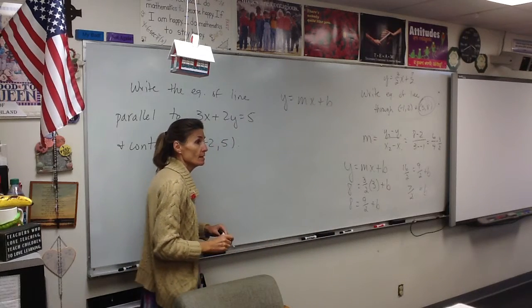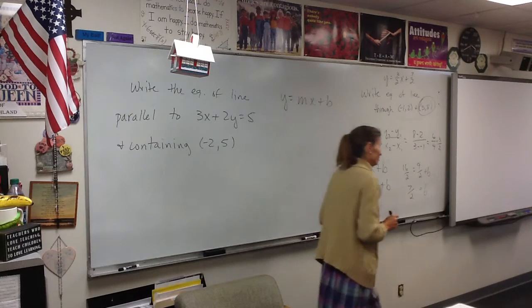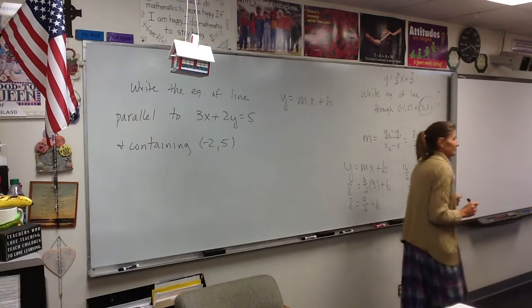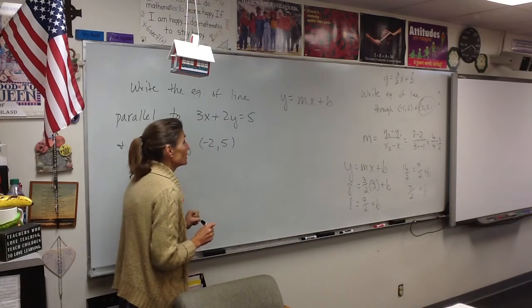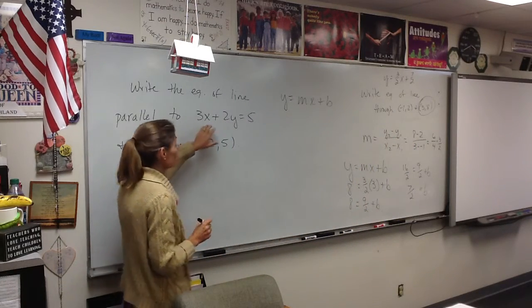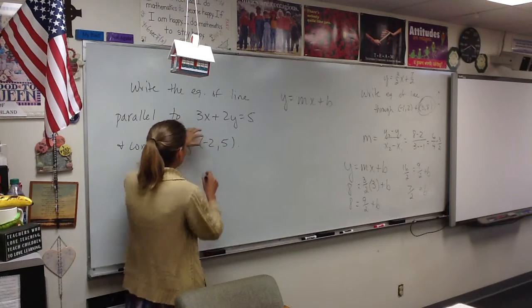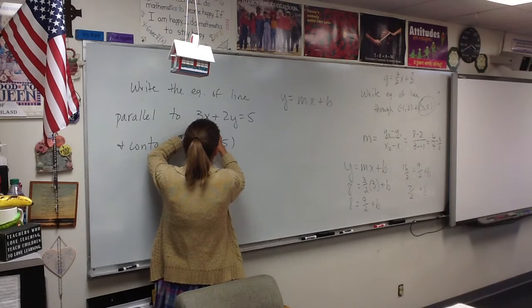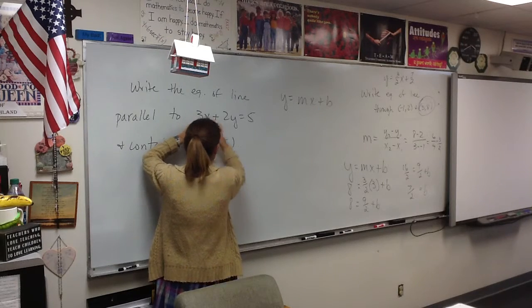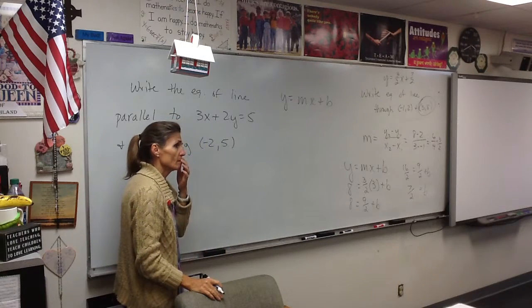What do you think? Katie? Plug -2, 5 into this equation? Well, I could, but when I plug it in, this is not going to come out to equal 5. What am I going to do then?